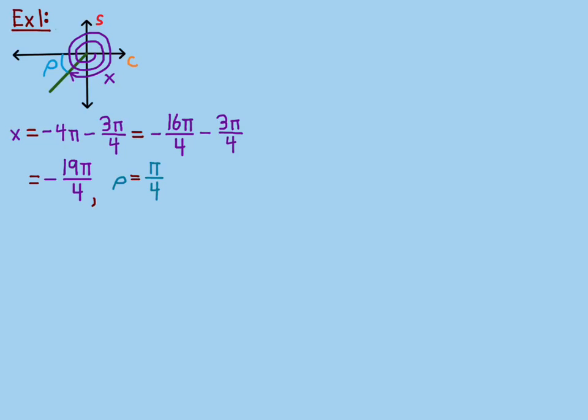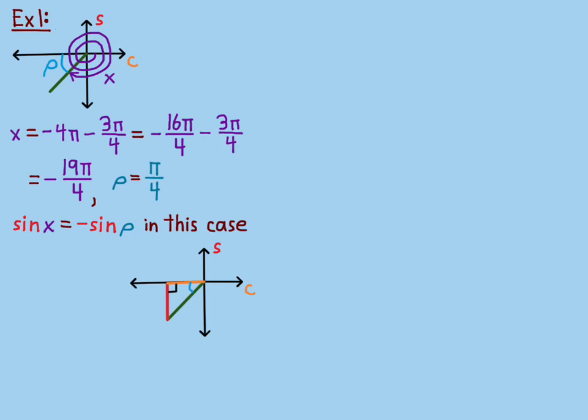The reference angle is easier. It's just pi over 4. Now, the text mentions that in the case that you're in the third quadrant, sine x is the opposite of sine of rho. I don't really think that's particularly helpful.